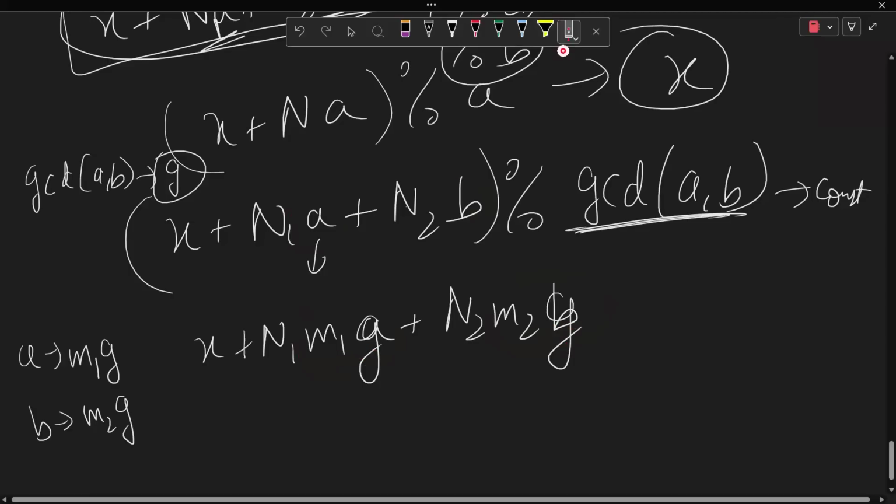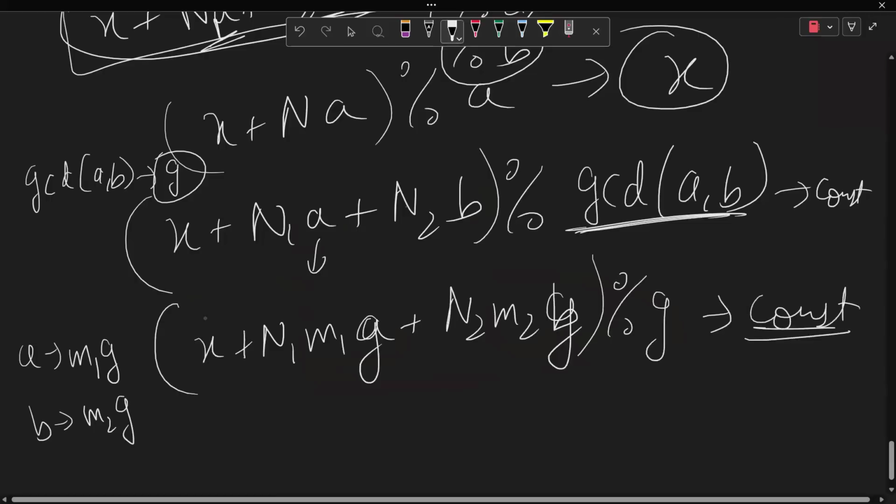That's what GCD is, and that's why I'm taking it. So if you look at this number and take modulo G, this would remain constant.